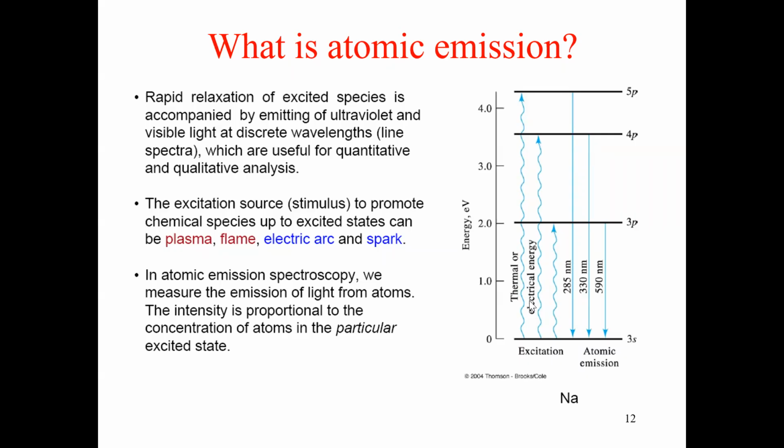Then they go to these orbitals of higher energy level, and if they come down from the higher energy levels to the lower energy level, that's what we call atomic emission. So you are measuring the energy associated with atoms from the excited states coming down to the ground state.